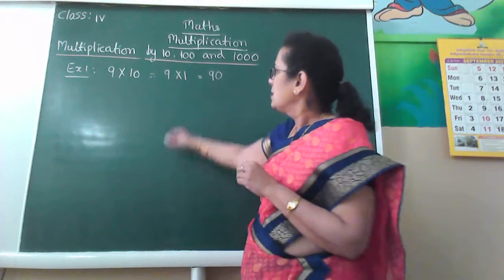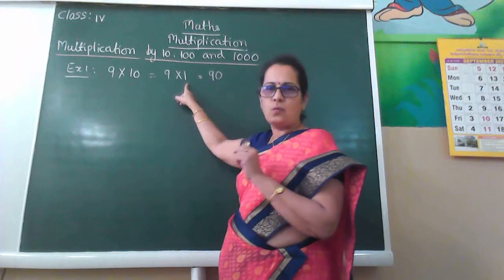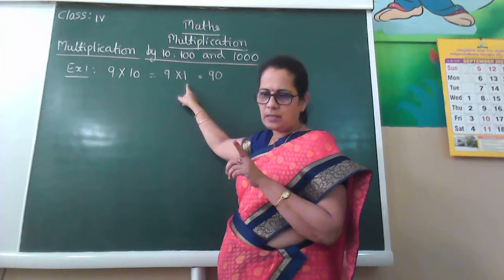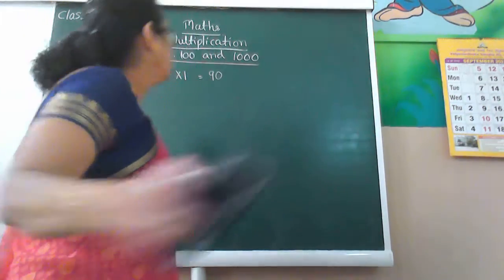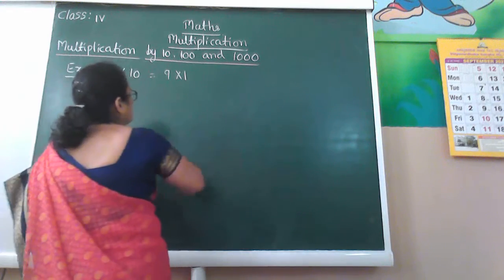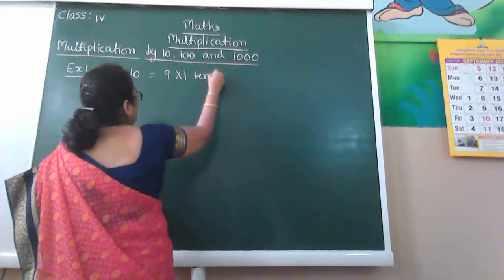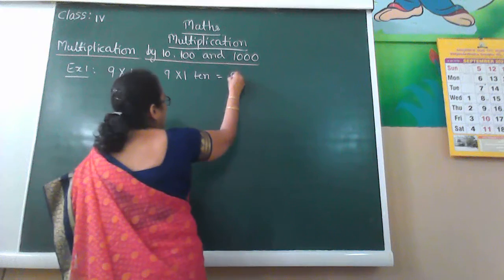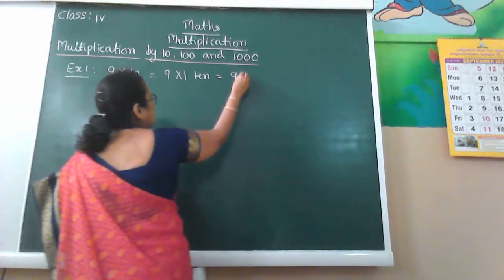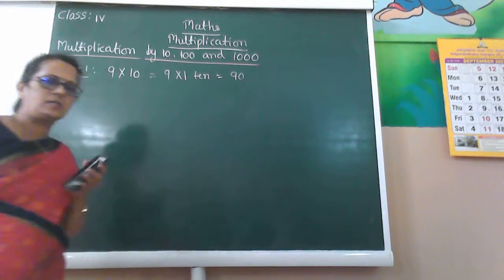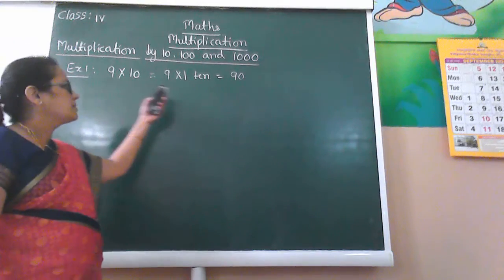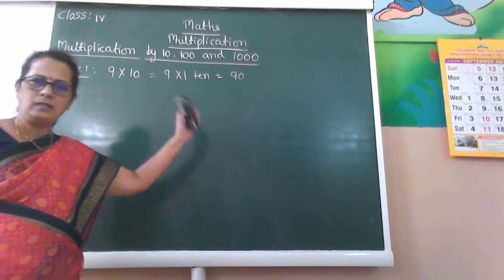That is 9 into 1. 1 is nothing but what? It is 10. Write this: 9 into 10 is equal to 9 ones are 9. Then the remaining 0 you write. So what is the product? 9 tens are 90. Okay.